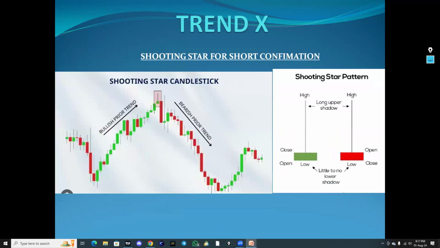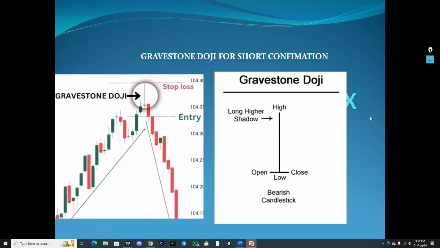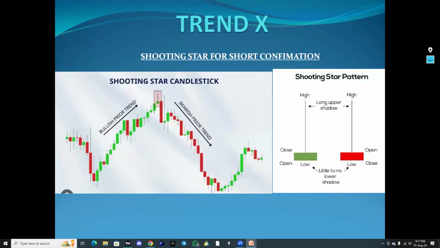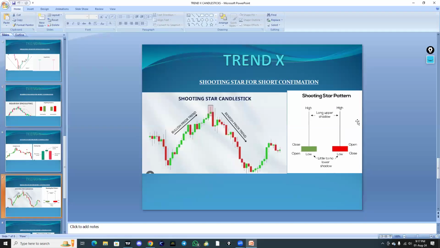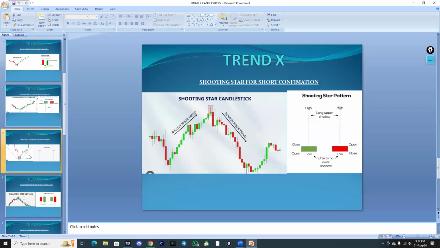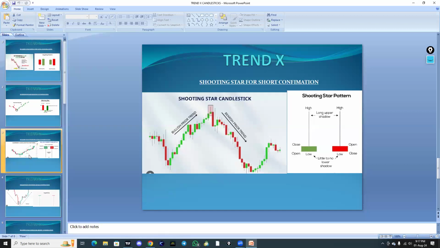The third one is the shooting star candlestick, any color, green or red. The last candle which we are seeing is the gravestone doji. Just now I was searching for that candle, right? So this is how candlesticks work. I'll upload this in the group.